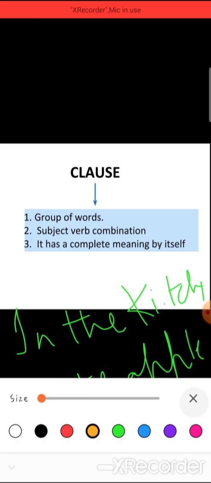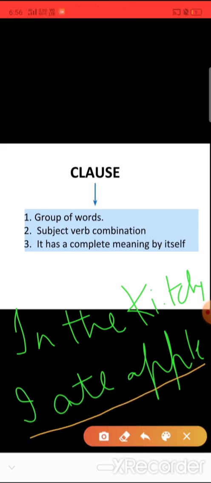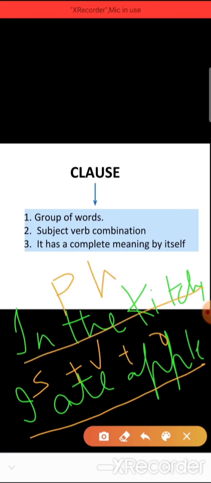Now, I ate apple has the combination of subject plus verb plus object. So, if we look at the full sentence, in the kitchen I ate apple, "in the kitchen" is the phrase because it does not have the object, neither the subject verb combination. So that means "in the kitchen" is the phrase and "I ate apple" is the clause.